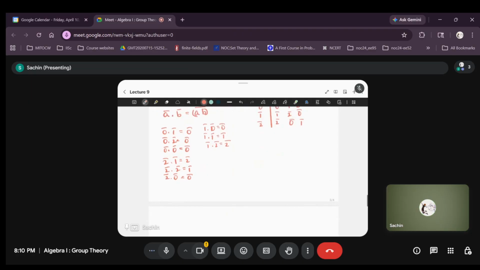So for n greater than 0, n an integer, Z mod nZ is a ring, and there are exactly n elements.